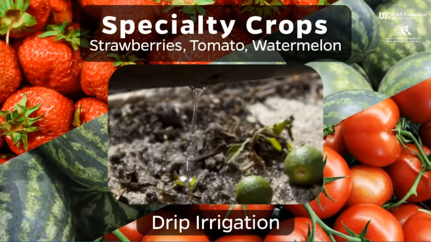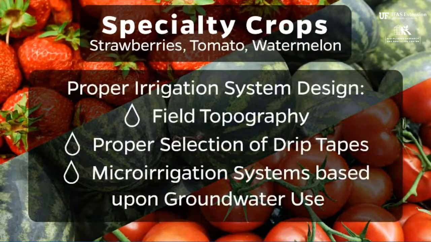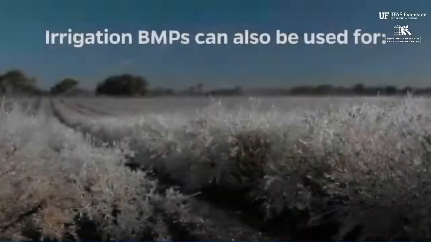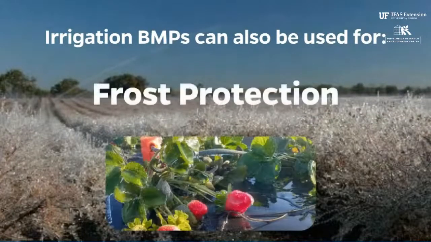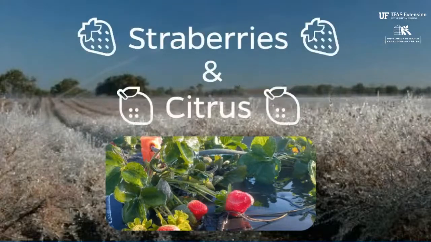These crops require proper irrigation system design based upon the field topography, and proper selection of drip tapes or micro irrigation systems based upon the crop water use in a specific growth stage of the crop. Another aspect of irrigation management in the state of Florida, especially for the specialty crops, is the use of irrigation for frost protection. This is very critical, especially in the winter months for crops such as strawberries and citrus.